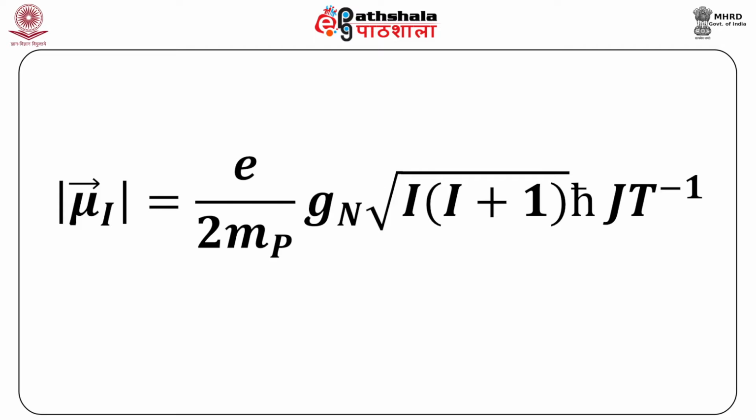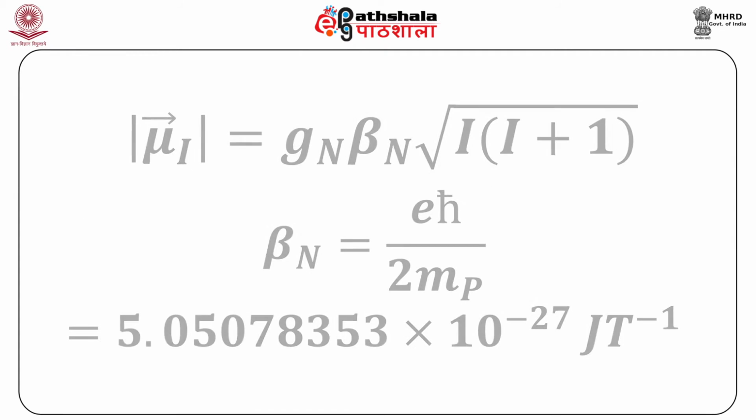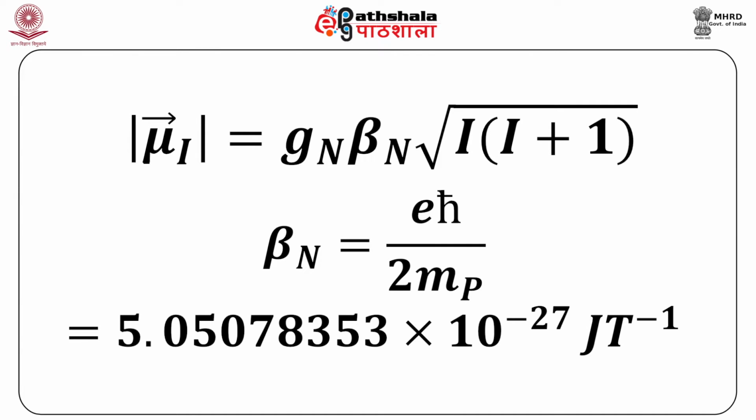And g_n is the nuclear spin g factor; just like you had the electron g factor, here also there is a g factor. This equation can be rewritten as the magnitude of mu_I is equal to g_n beta_n into square root of I into I plus 1, where beta_n is equal to e h cross by 2 mp, and this is the nuclear magneton, similar to the Bohr magneton for electrons.